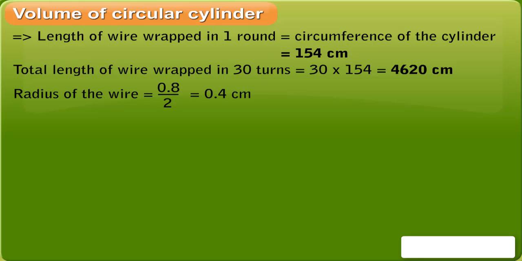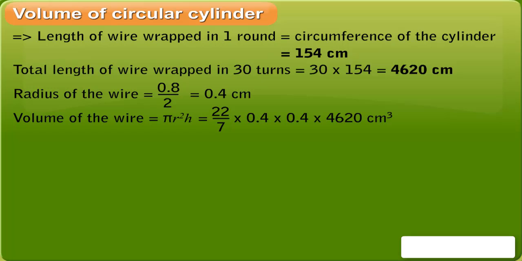Radius of the wire is equal to 0.8 divided by 2 is equal to 0.4 centimeter. Therefore, volume of the wire will be given by the formula of volume of the cylinder is equal to pi r square h is equal to 22 by 7, putting 0.4 in place of r.